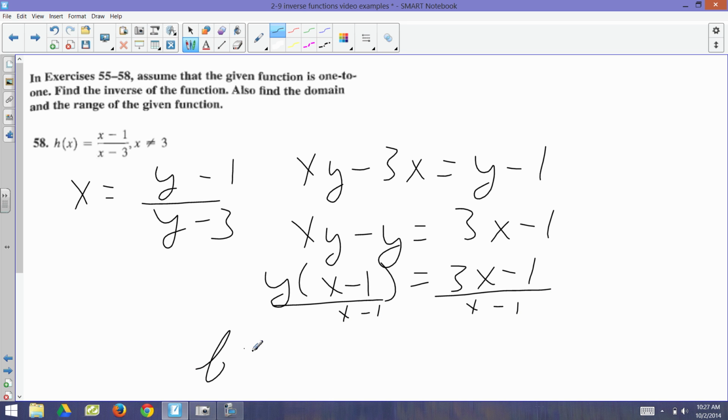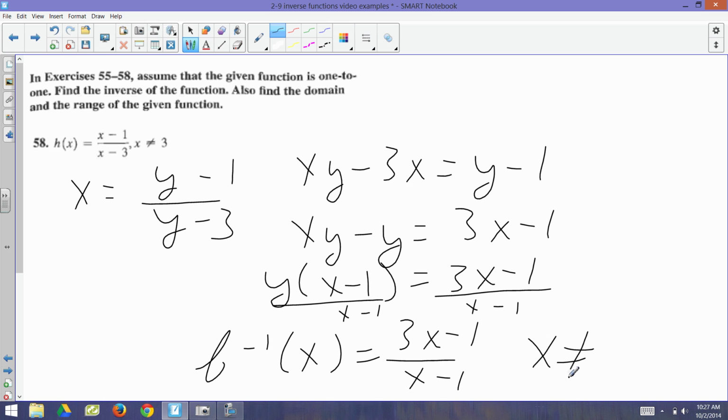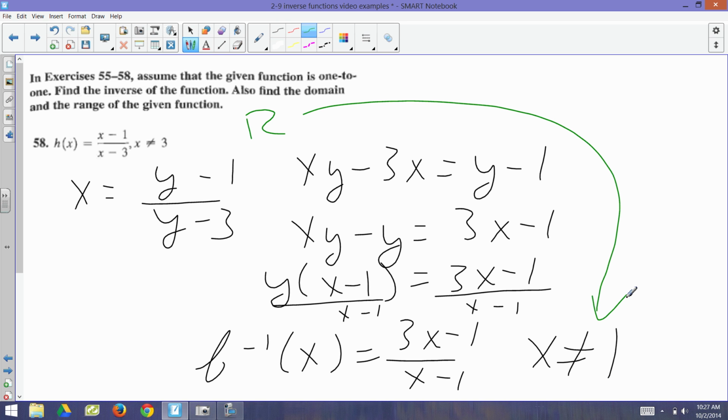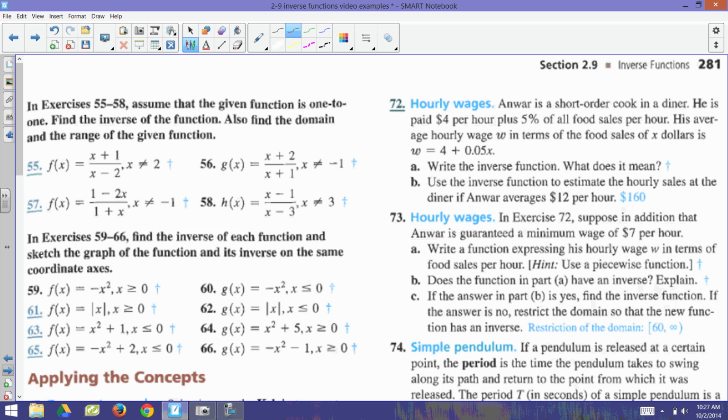So my inverse function is 3x minus 1 over x minus 1. The domain for this one, x cannot equal 1. So the range for my original function is x cannot equal 1. The domain is x is not equal to 3. That's all of the problems for now.